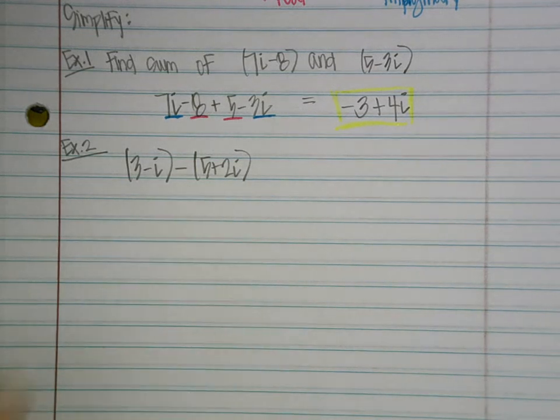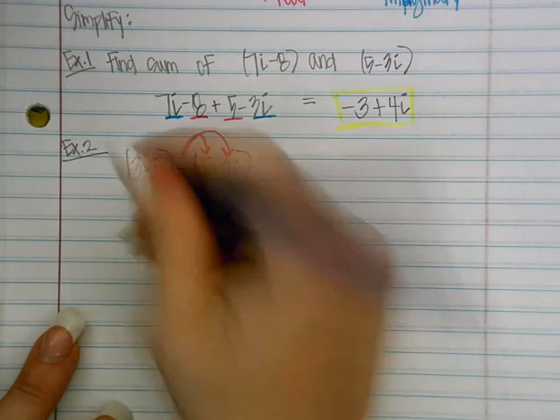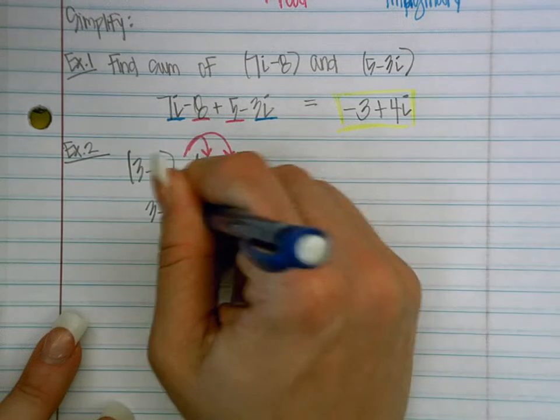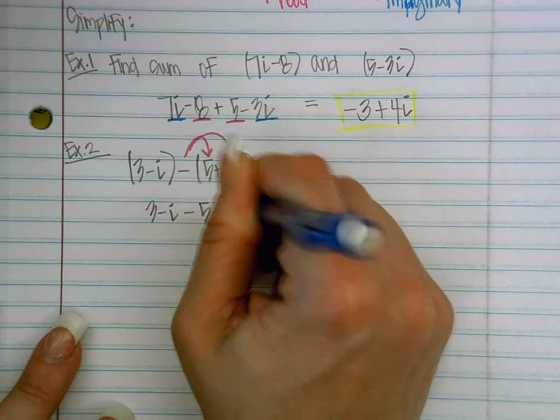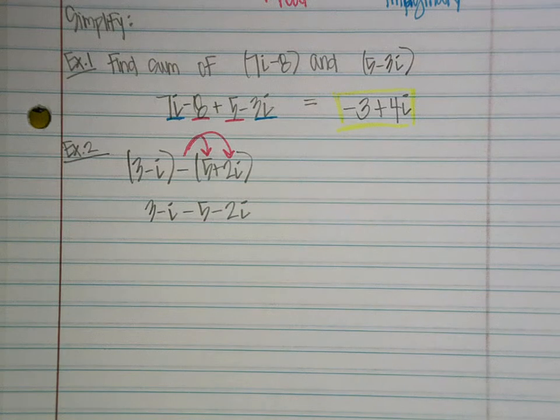For this one, you're basically needing to distribute. So distribute the negative, then line them up. So 3 minus i minus 5 minus 2i. Make sure you distribute all the way through and that you don't stop halfway. Then it's just combine like terms.